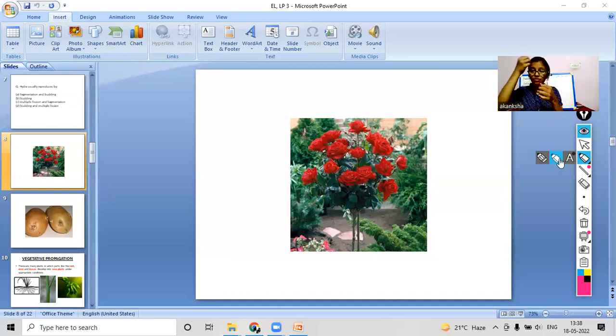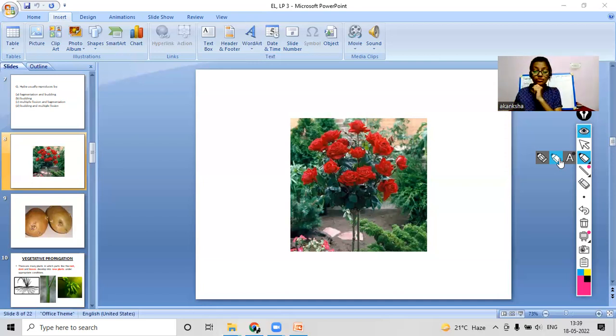We take a stem of the rose plant and we can either directly plant it on an already existing rose tree by cutting a little slice, or sometimes we can also plant the stem directly in soil.